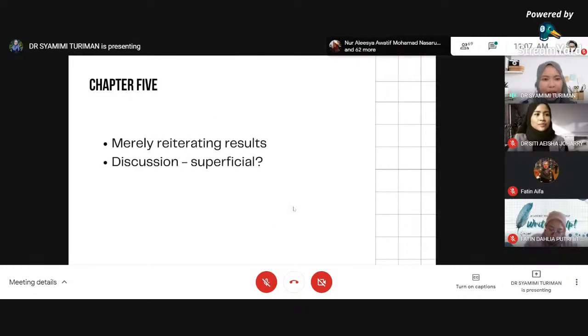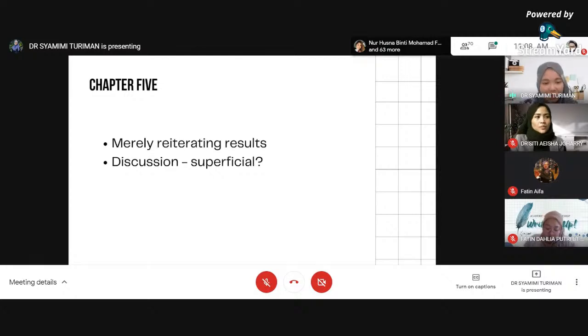Finally, chapter 5: you have discussion, conclusions, and recommendations for further research. These are the three important elements in an FYP. In the conclusion, you have to include a summary of the research.